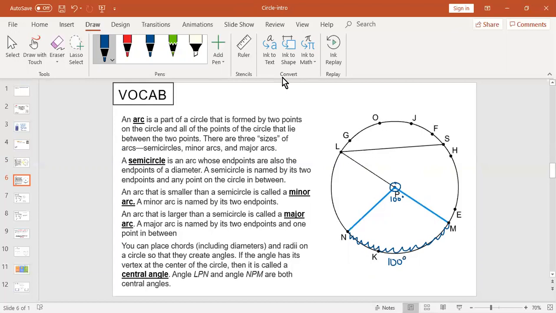Okay, they just happen to be the same. We can find the arc measure in degrees, like I did here, or we can find the length in inches, centimeters, feet, whatever. And we'll be doing that in Unit 3 as well.